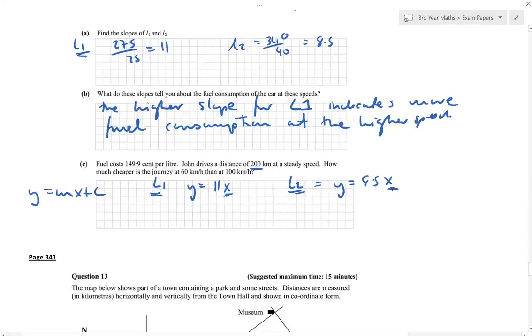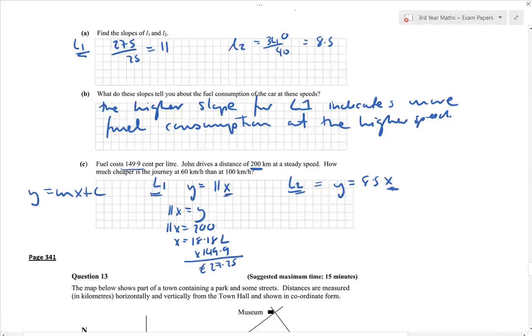So I'm going to say y equals 11x, or I can say 11x is equal to y, just turn it upside down, and I'm going to say 11x is equal to 200, so x is equal to 18.81, so that's our number of litres. We know it's 149.9 cents per litre, so we multiply that, and that gives me a value when you convert it to euros as 27.25.